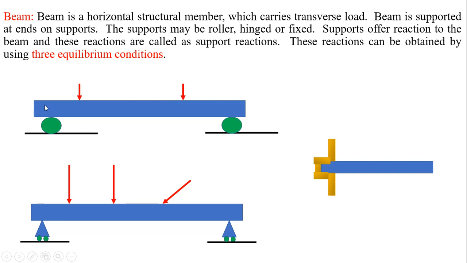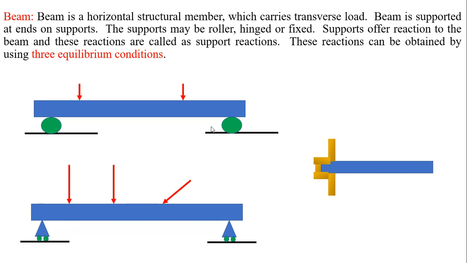Now whenever we are considering the different types of supports, there will be reactions acting at the support. These reactions are called support reactions, and to determine the values of these support reactions we can use the three different equilibrium conditions, that is summation of Fx = 0, summation of Fy = 0 and summation of moment = 0.